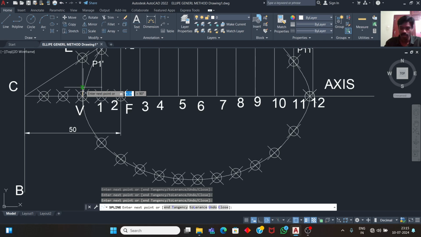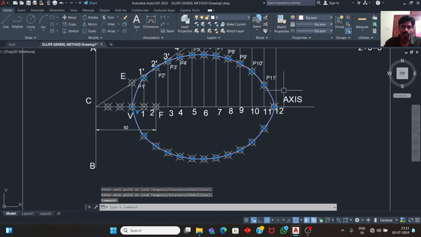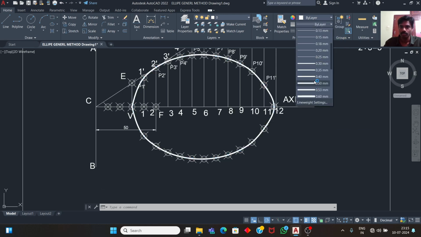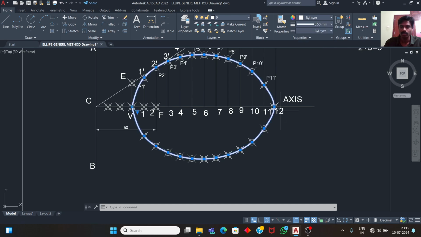Click on vertex and enter. Give the line weight.